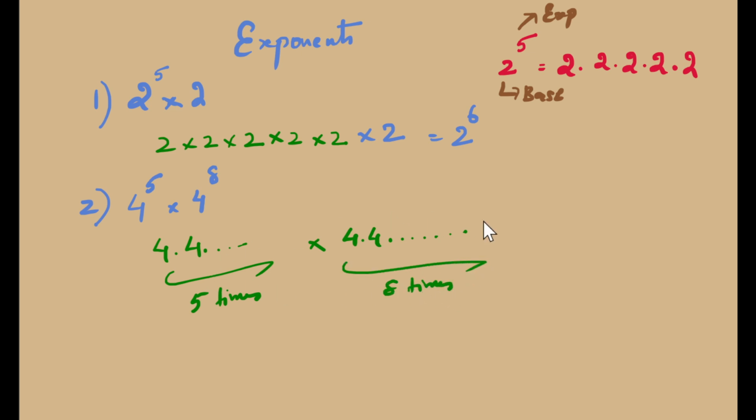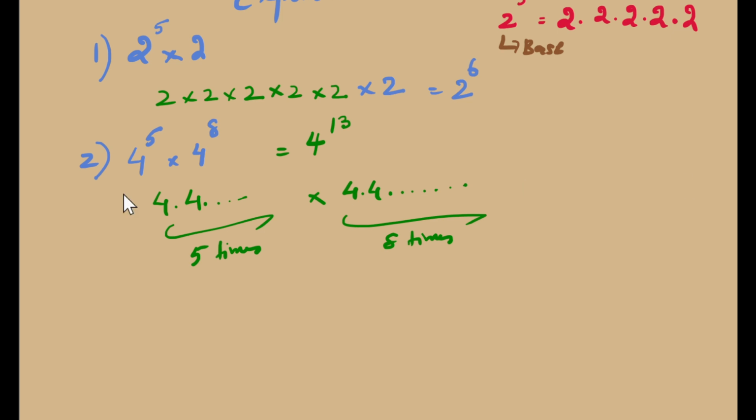So how many 4s will I have? 5 fours here and 8 fours here. If I count, it would be 5 plus 8, so I can represent this as 4 to the power 13. You can count it and verify in case you have a doubt. So 4 to the power 5 into 4 to the power 8 is 4 to the power 13.